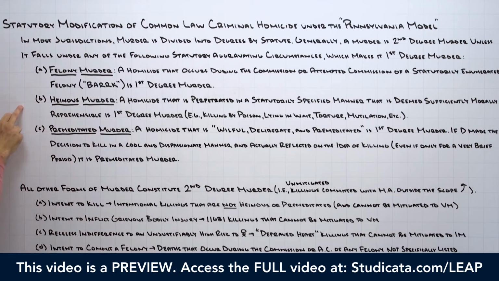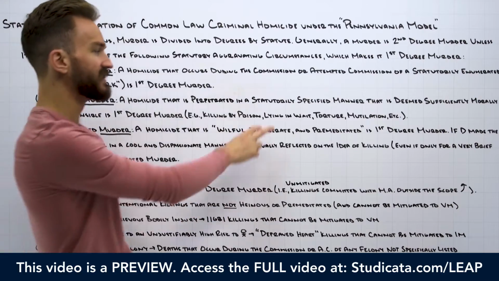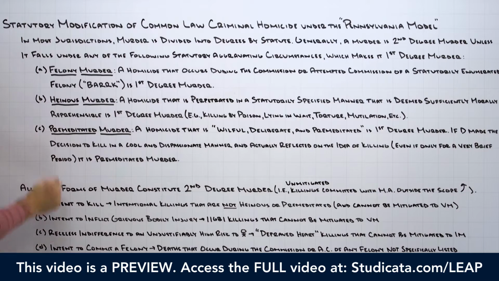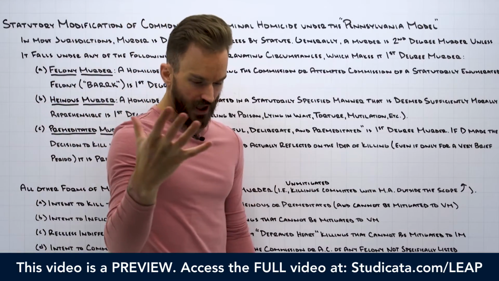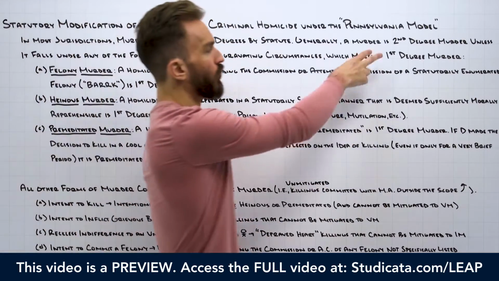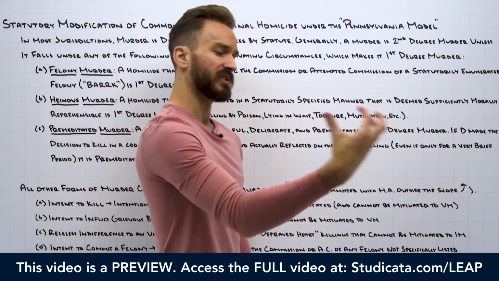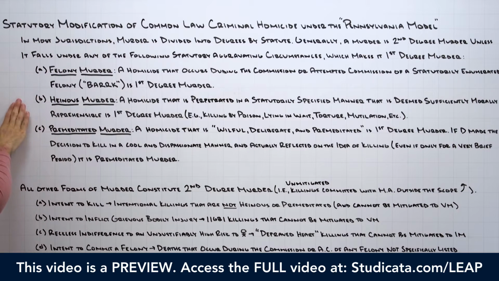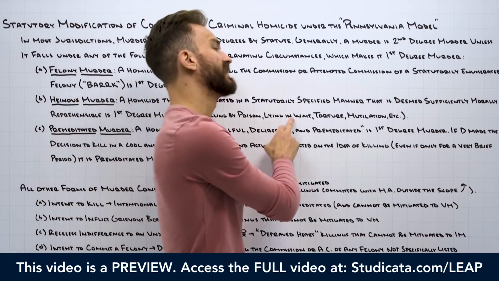So the next category that can essentially aggravate a murder from second-degree murder to first-degree murder is heinous murders. These are going to be a homicide that is perpetrated in a statutorily specified manner that is deemed sufficiently morally reprehensible that it's first-degree murder. Right? So in the original 1794 enactment, under this original Pennsylvania first and second degree murder statutory law, the types of heinous murder that were listed were killing by poison and lying in wait.